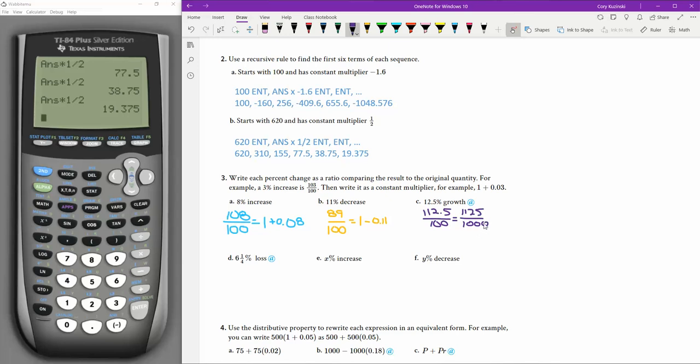Yes, we could simplify it, but I'm going to go with that as my answer. And then written as a multiplier, we'll do 100% and then 12.5% growth would be 0.125. So as a fraction and then as a multiplier.